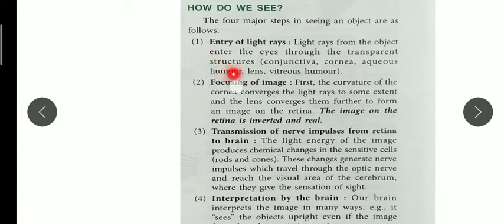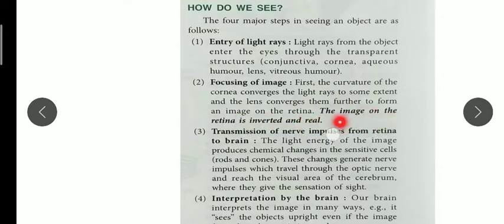Then the second step is focusing of the image. The light rays form a curvature on the cornea part of our eye, and the lens converges them and forms an image on the retina.